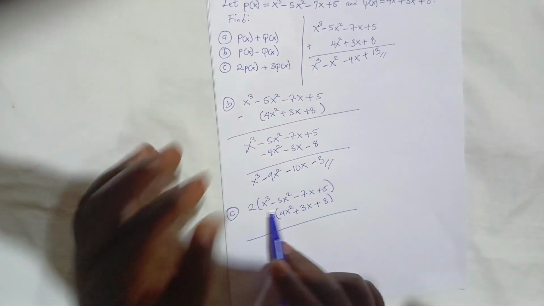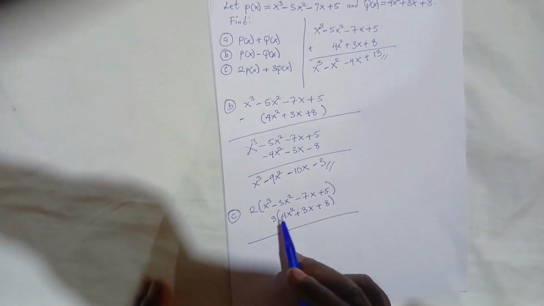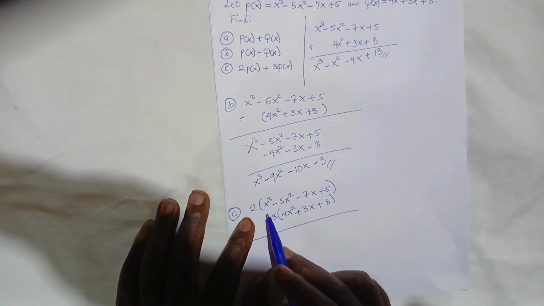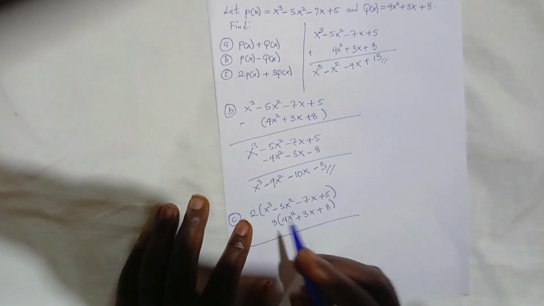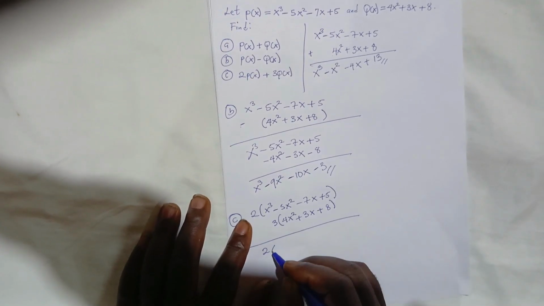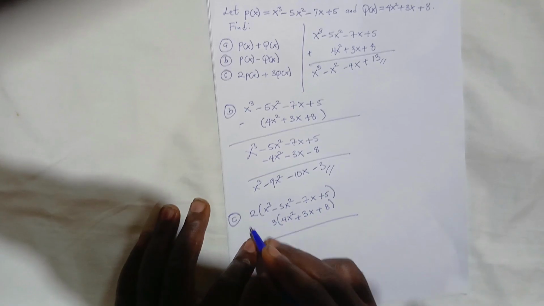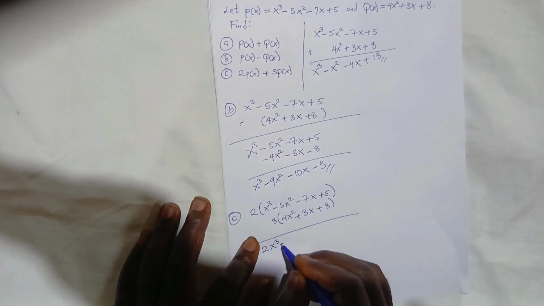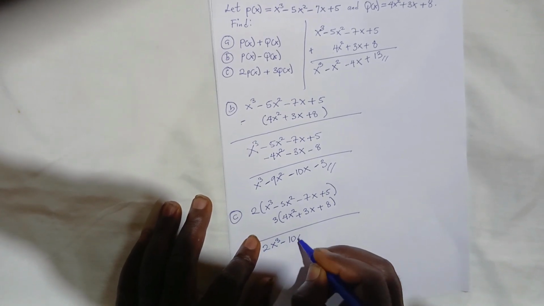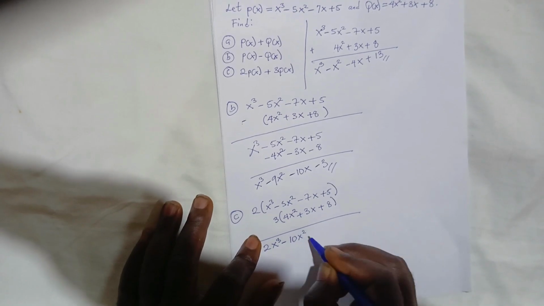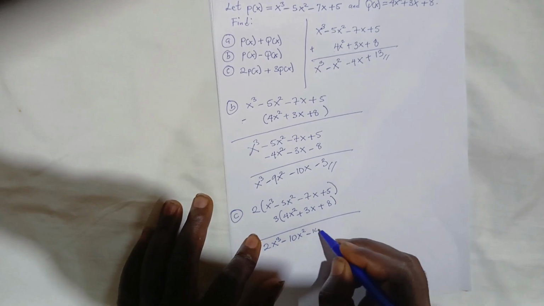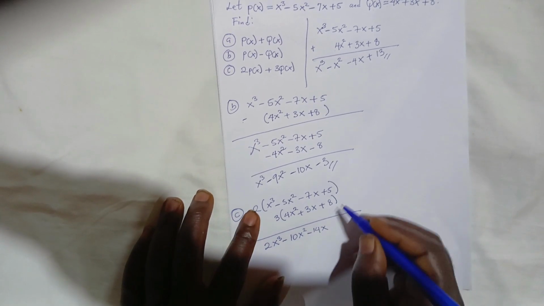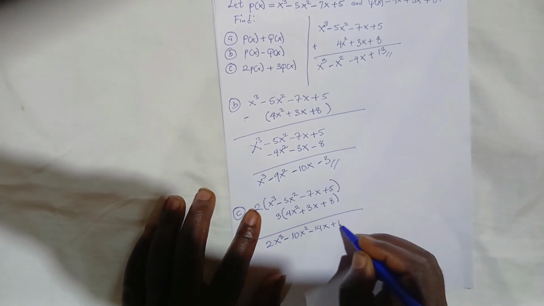Any expression that does not have a coefficient, we understand that the coefficient there is 1. So we have 2 times 1 is 2, 2x cubed. 2 times 5 is 10, we're going to have minus 10x squared. 2 times 7 is 14, minus 14x. 2 times 5 is 10.